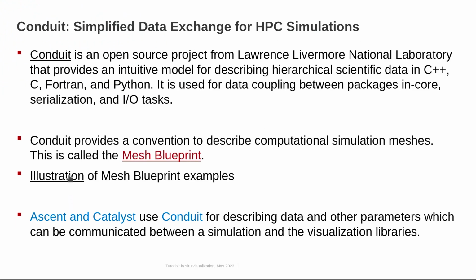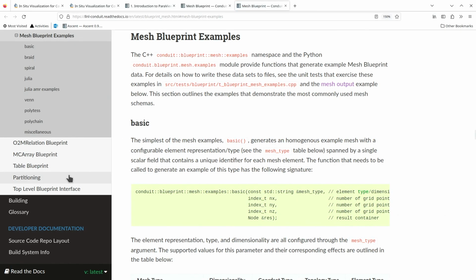I think illustrations of blueprint examples are the best. And as we exercise Conduit here this morning with JupyterLab notebooks, we will be able to create some of those examples. There's a Conduit blueprint Python package which we can use. And here's an example of the basic class to generate a homogeneous example mesh with a given resolution and a given node.